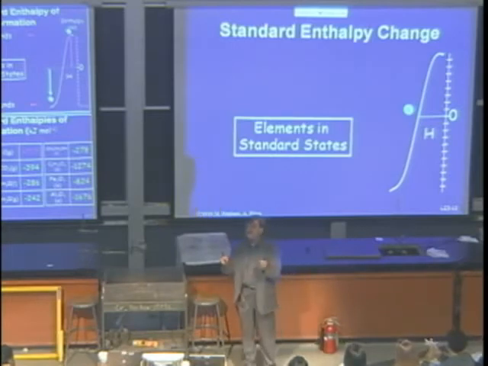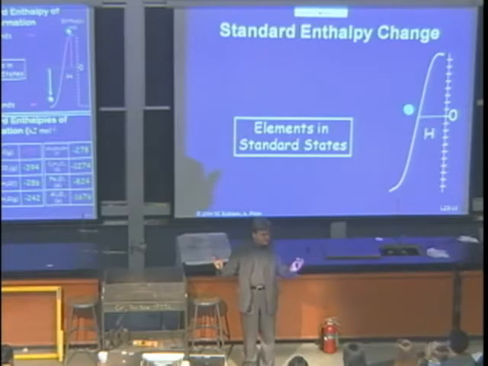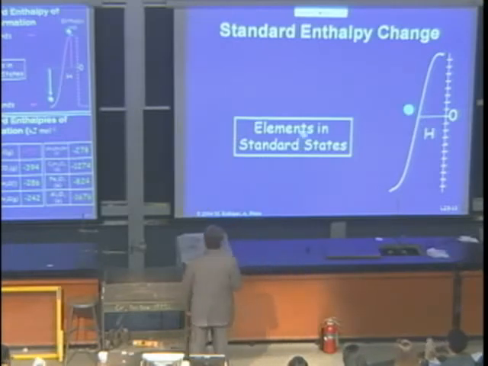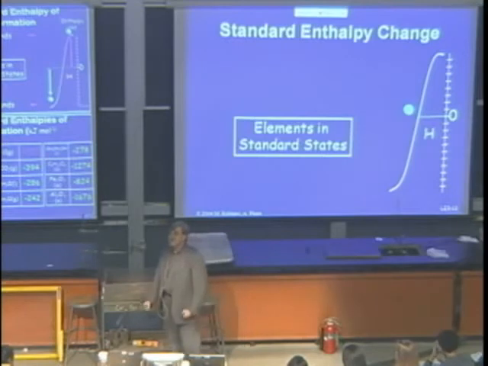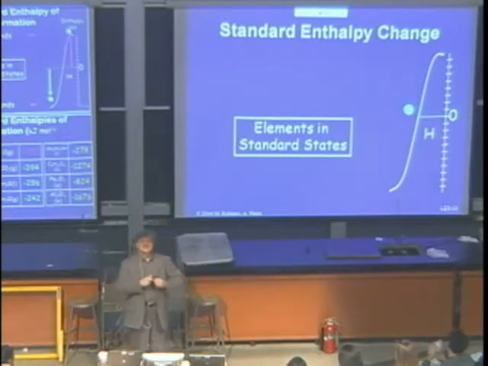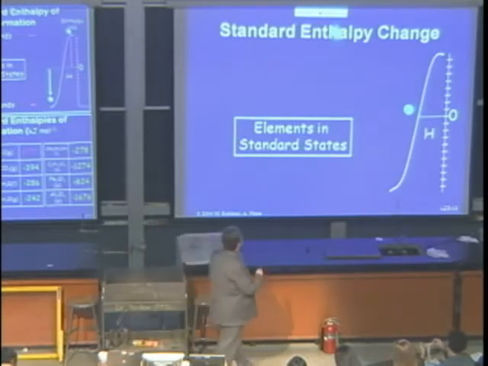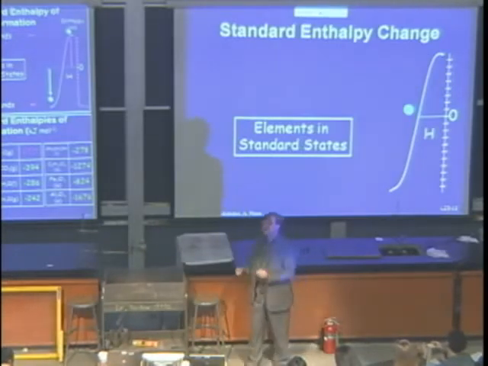So how do we do this? This is all relative to each other. We don't need to know absolute numbers, but we need relative numbers because we are just comparing them with each other. So the elements in their standard state are used to make compounds, and this is the standard enthalpy of formation at standard state.